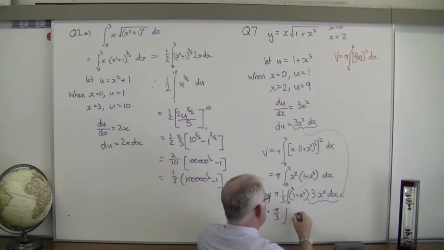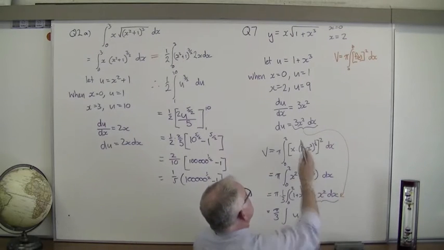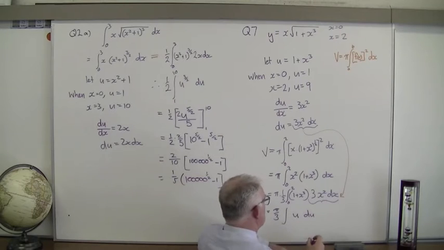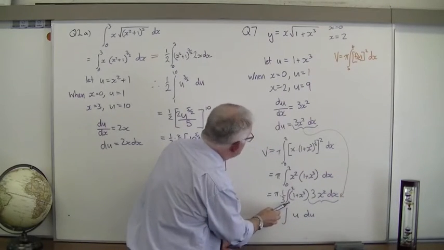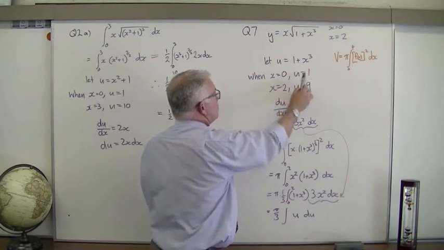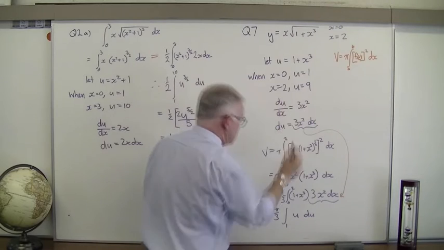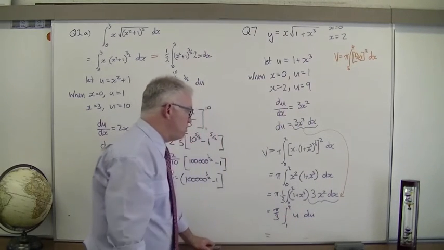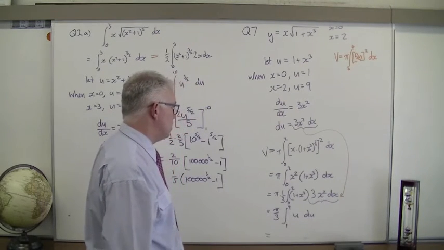So this is u, 3x squared dx, 3x squared dx is du, and now the limits of integration with respect to u, when x was 0, u was 1, when x was 2, u was 9, and that is probably one of the simplest integrations that you'll ever have to do.